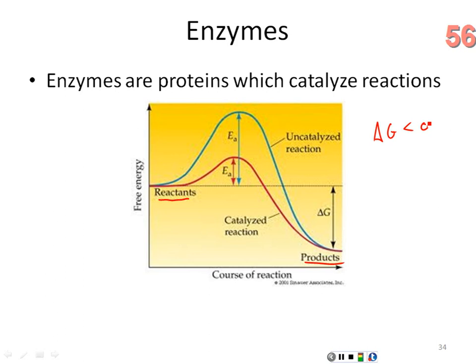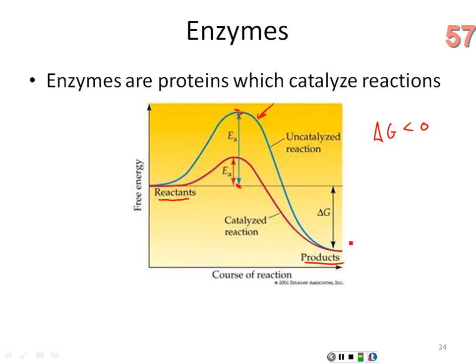But if you notice, the green trace represents an uncatalyzed reaction. You have a very high hump here in the middle. Well, what is that? That's the energy you need to put in before the reaction takes place. So even though this is a spontaneous reaction, there's actually quite a large barrier to get between reactants and products.